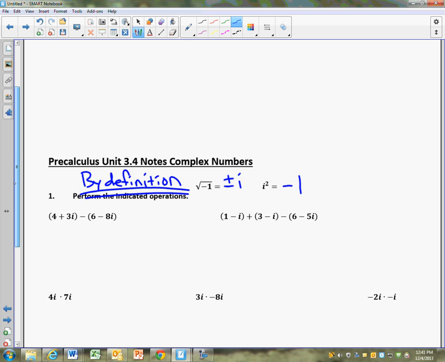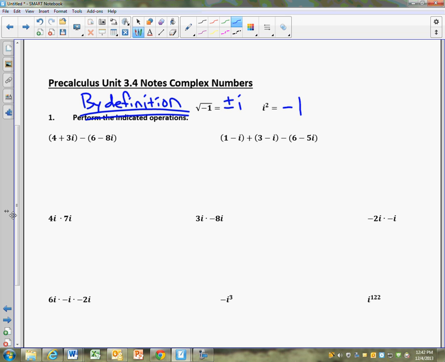The second semester. So, every number can be written in complex form, a plus bi, where this is the real part of the number and this is the imaginary part. And those are complex numbers.